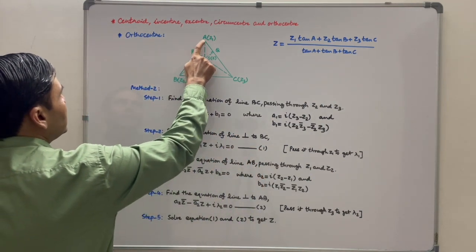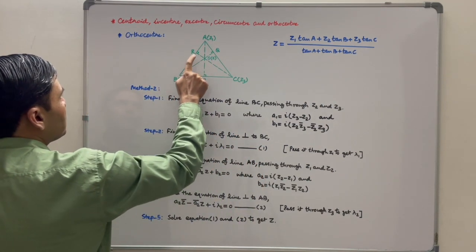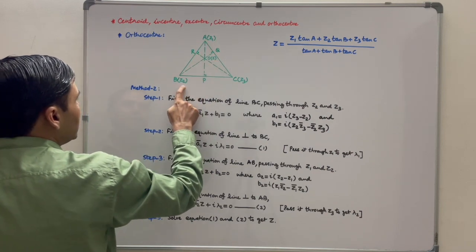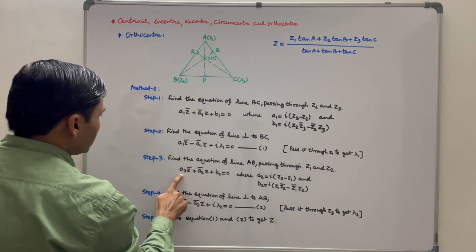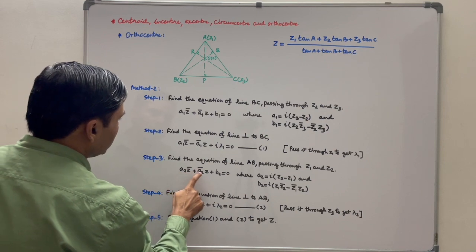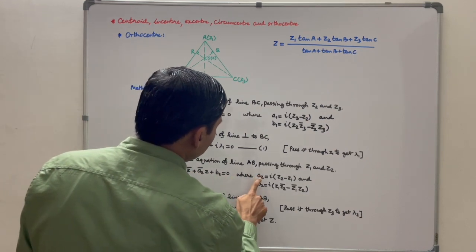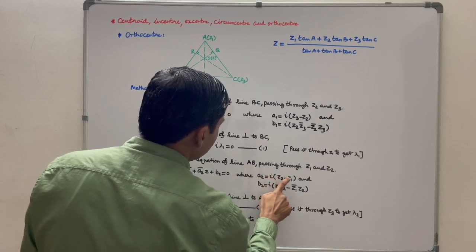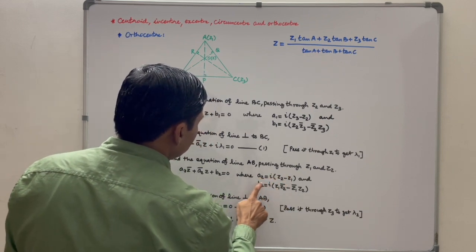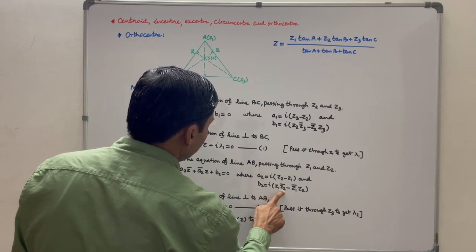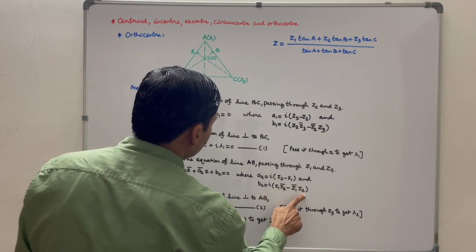Similarly, we will find the equation of the straight line AB that passes through Z1 and Z2. Suppose its equation is given by A2 Z bar plus A2 bar Z plus B2 is equal to 0, where A2 is equal to i into (Z2 minus Z1) and B2 is equal to i into (Z1 Z2 bar minus Z1 bar Z2).